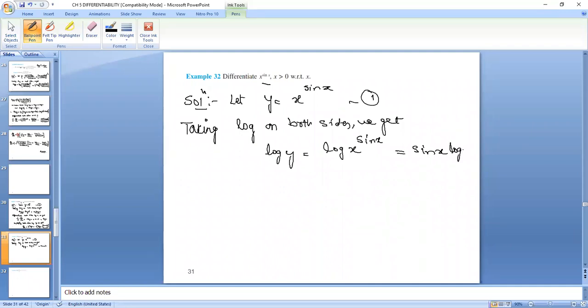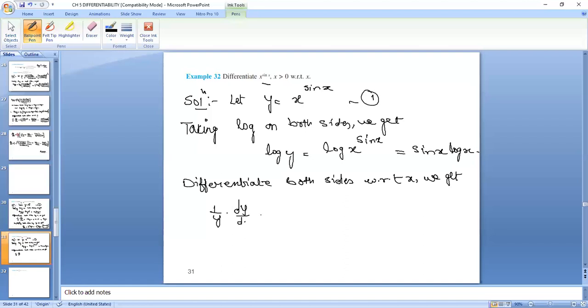The next step is differentiate both sides with respect to x. We get 1 upon y into dy by dx is equal to, we will apply product rule.